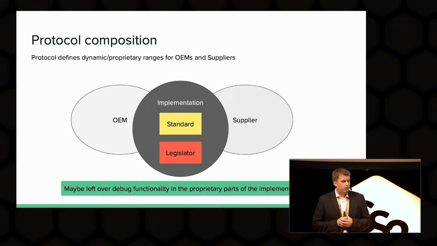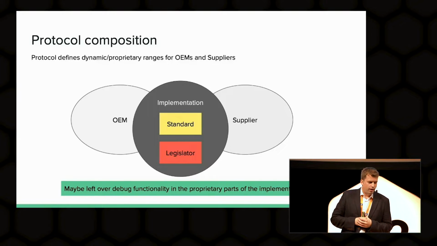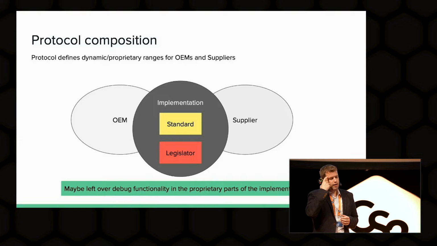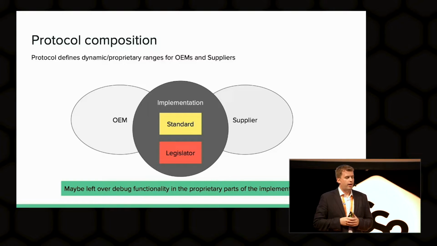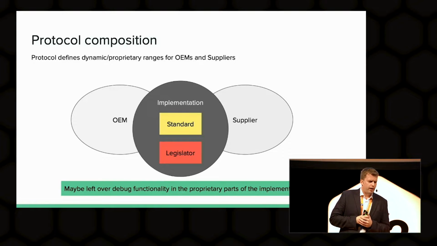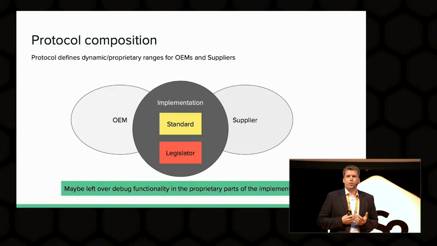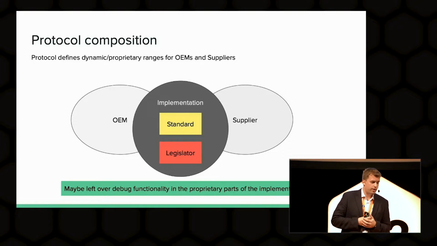So, protocol composition. The protocol really is kind of dynamic. You have a certain standard that you have to obey. You have legal authorities, like for exhaust analysis, if the police officer wants to do an analysis of your vehicle, they have to provide and implement certain services.